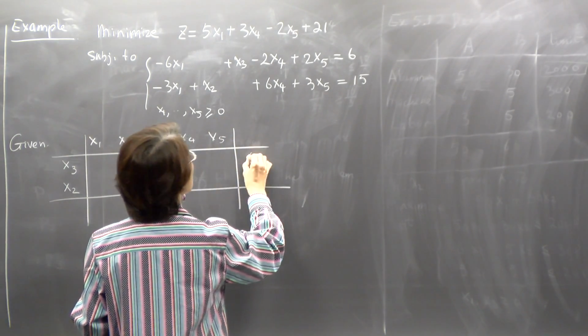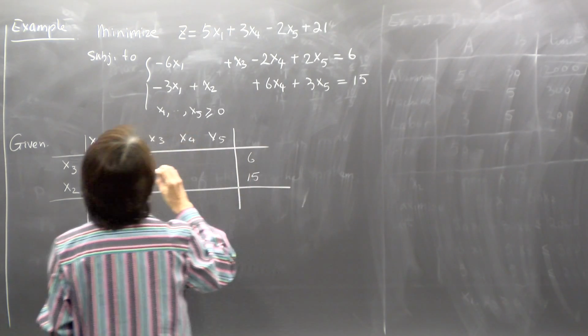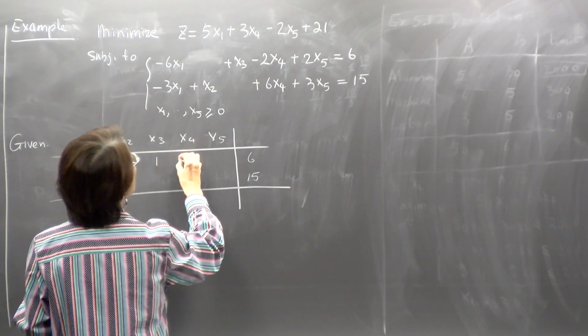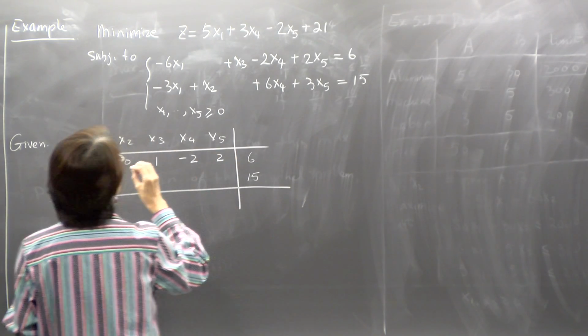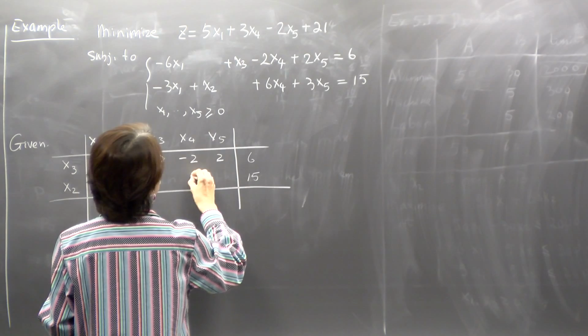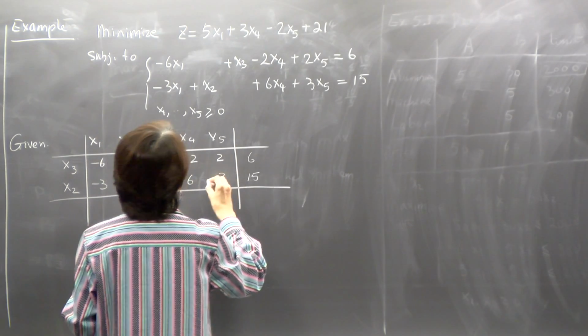Let me put in the numbers: -6, 0, 1, -2, 2, -3, 1, 0, 6, and 3.